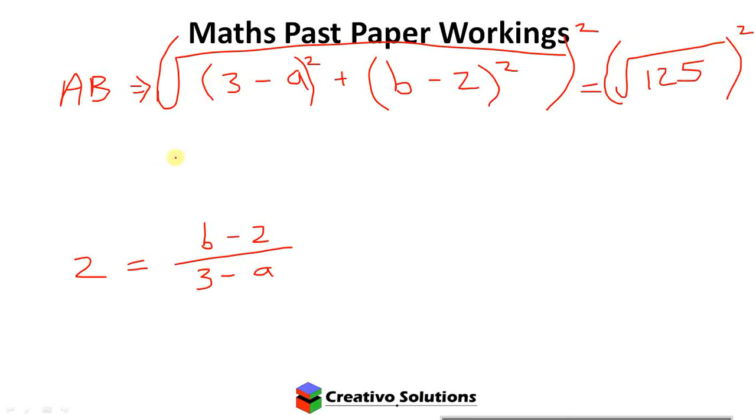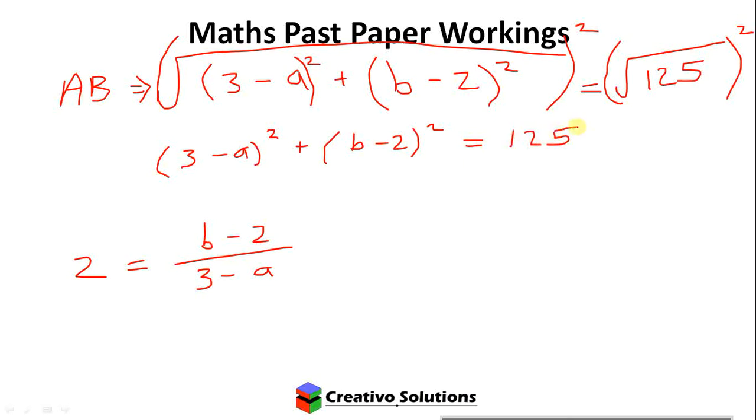So next line would be bracket 3 minus a squared plus b minus 2 squared equals 125. Let me just rewrite it.